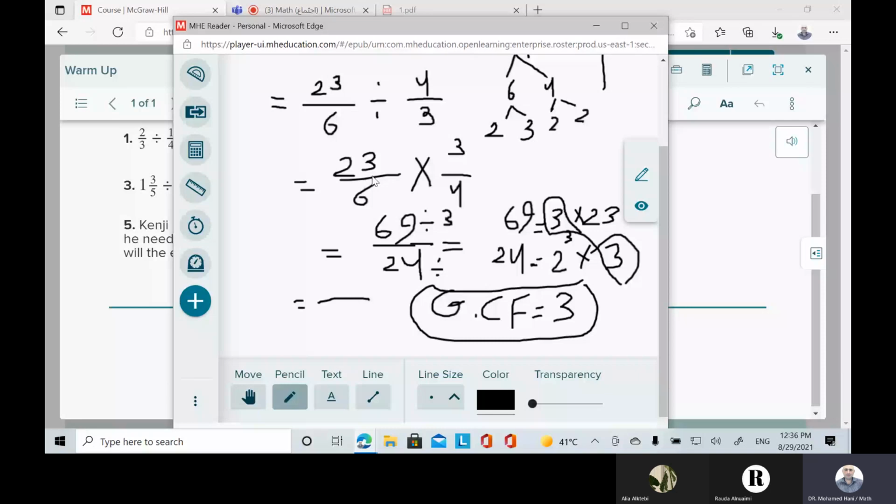Will be 23. And 24 divided by 3 will be what? Will be 8. So the answer, Shamsa, will be 23 over 8. Do you understand? Very well.